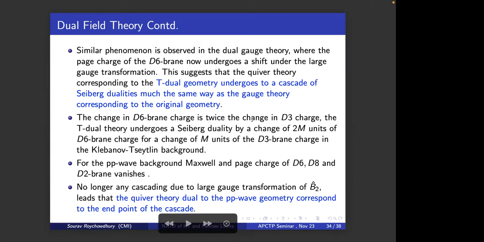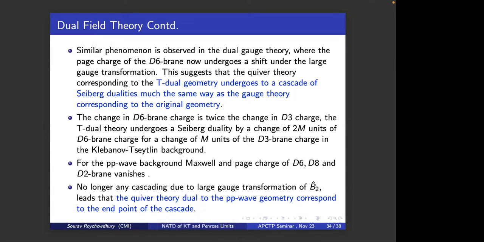So if M units of charge are induced in the D3 brane by Seiberg duality for the original solution, it corresponds to 2M charge induced in the D6 brane in the T-dual sector. However, if you calculate the brane charge at the PP-wave limit, it turns out that they all vanish. So there is no cascading picture at the PP-wave limit, meaning the PP-wave limit is actually the end point.